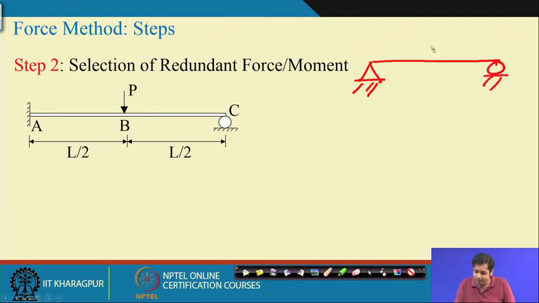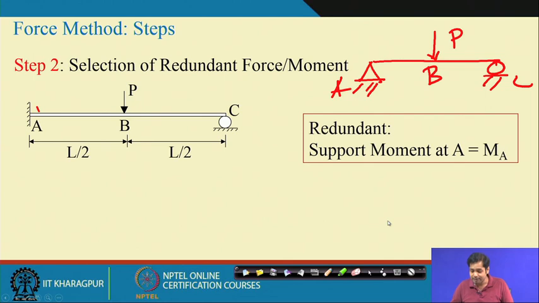This is P, this is A, B and then C. This structure is still a determinate structure, okay, and not only that, it is a stable structure. Okay. So, we have removed the moment constraint at A. So, in this case the moment at A, MA, is taken as the redundant force. So, either we can take the support reaction at C as the redundant force or the moment at A as the redundant force, that you have to decide.